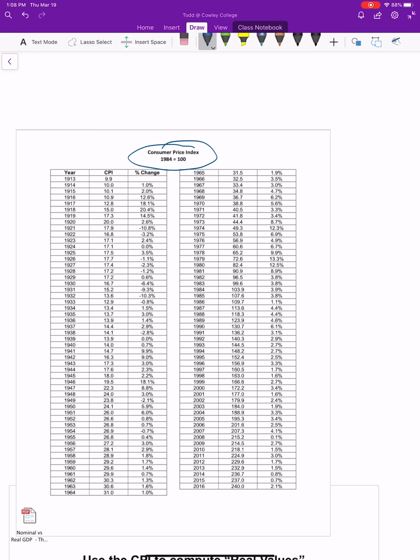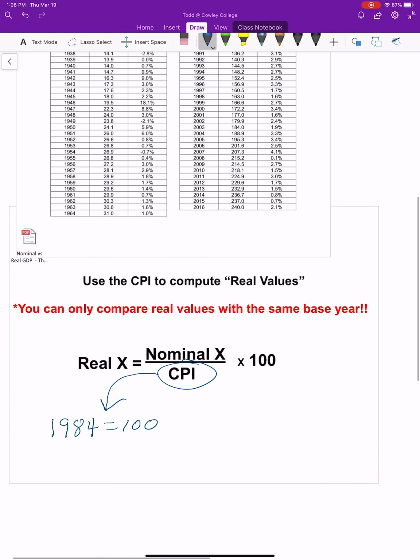So that gives me the license to use these consumer price index numbers in the calculation that I'm about to do.